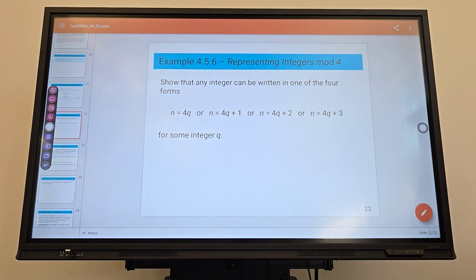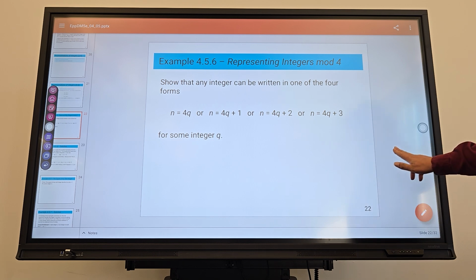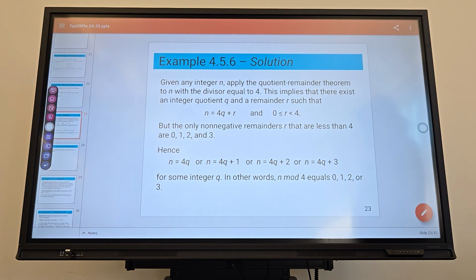Show that any integer can be written in one of the four forms: n equals 4q, or 4q plus 1, or 4q plus 2, or 4q plus 3, for some integer q. Well, given any integer n, apply the quotient remainder theorem to n with a divisor equal to 4.